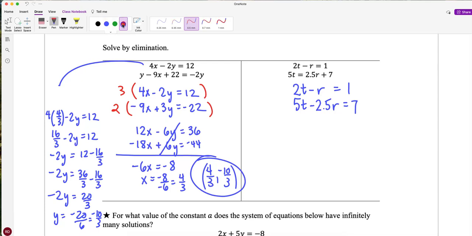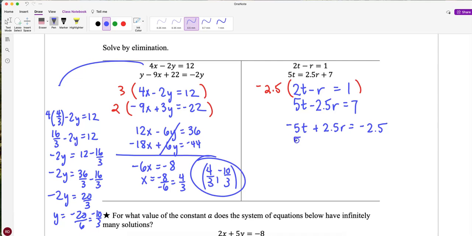To only do one multiplication, if I multiply this one by negative 2.5, then what I get is negative 5t plus 2.5r equals negative 2.5.